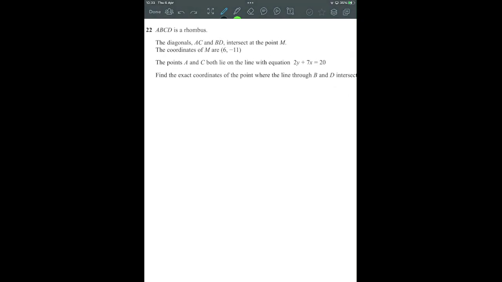So I have A, B, C, D as a rhombus. We have AC intersects BD at the point M, and AC is the line 2y plus 7x equals 20. Find the exact coordinates where the line through B and D intersect.